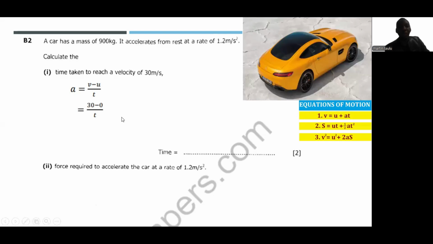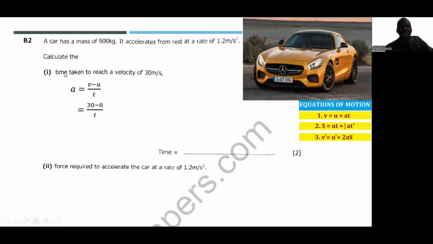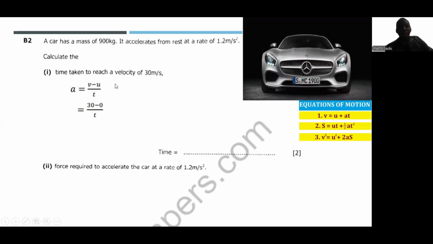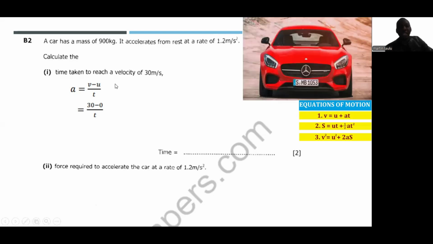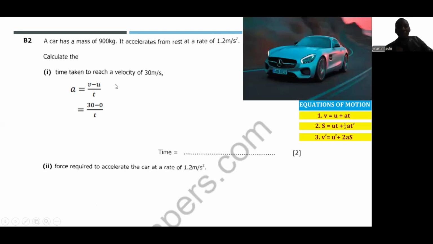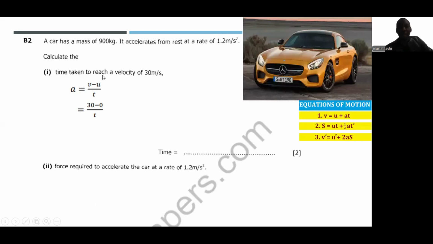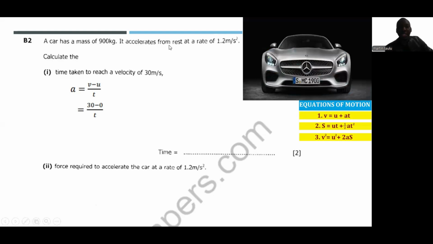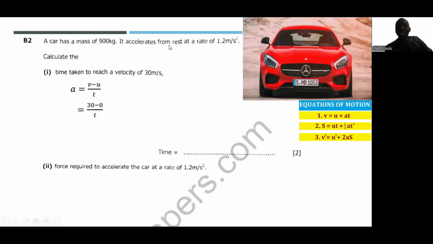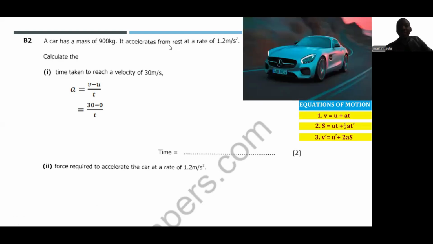Okay, so according to our data, the final velocity is 30 meters per second because we are told that is the velocity that was reached. Now, this question, they're telling us it started from rest. It accelerated from rest.